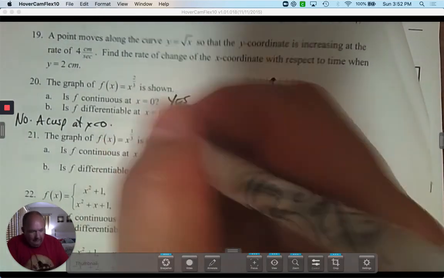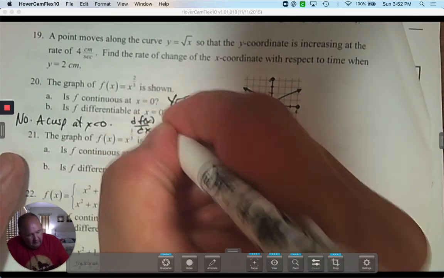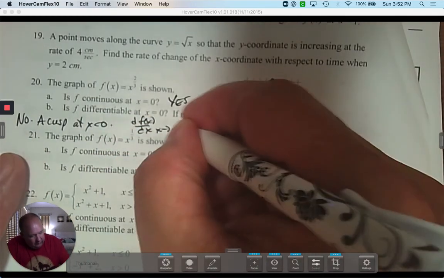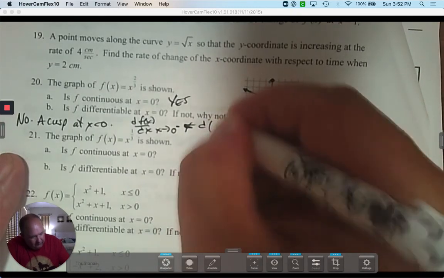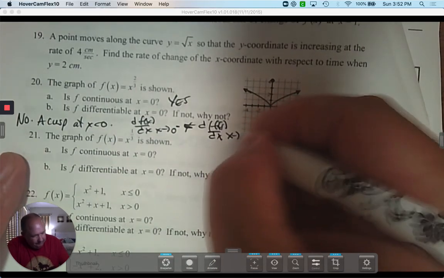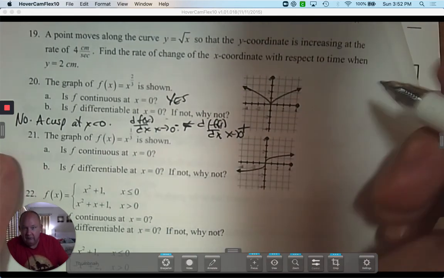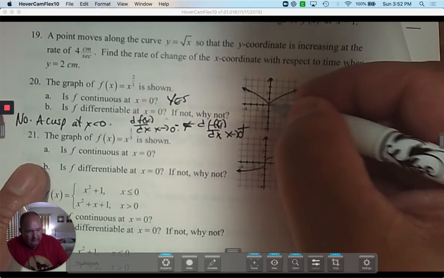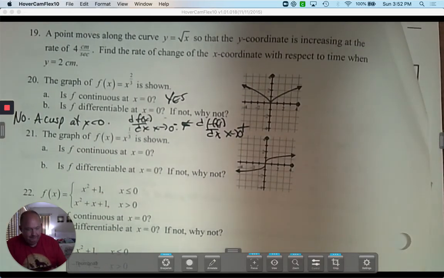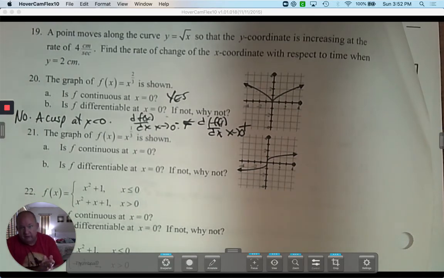But a better answer would be that the derivative of f as x approaches 0 from the left does not equal the derivative of f as x approaches 0 from the right. One is a negative derivative and the other is a positive one as it's approaching 0. That's the kind of answer they're looking for, that you understand. You could do that in words too. Then you understand why a cusp is bad for derivatives.